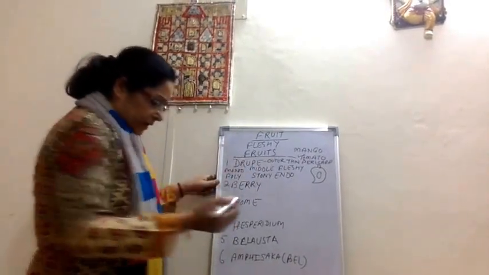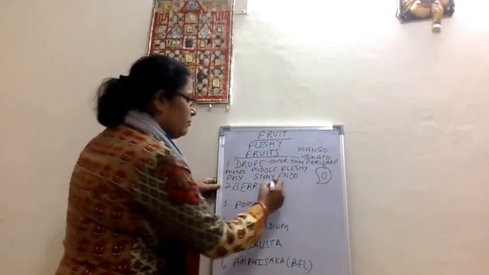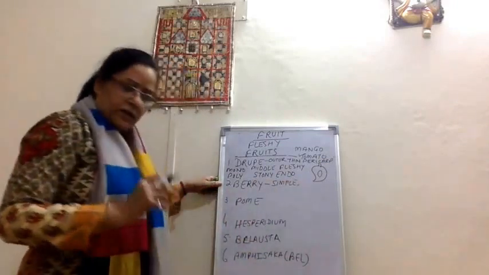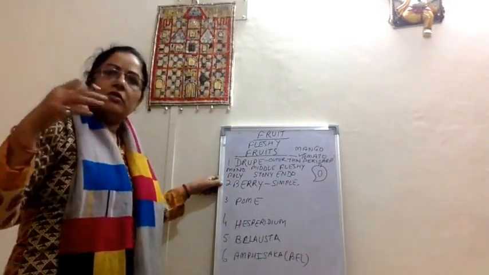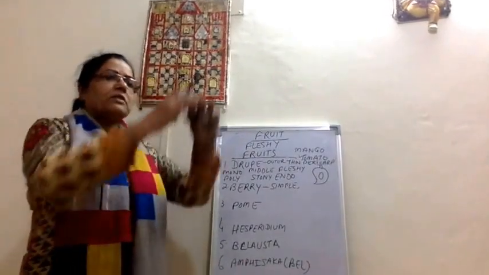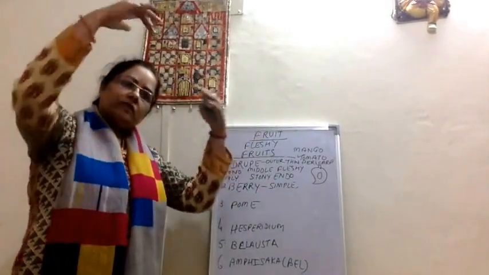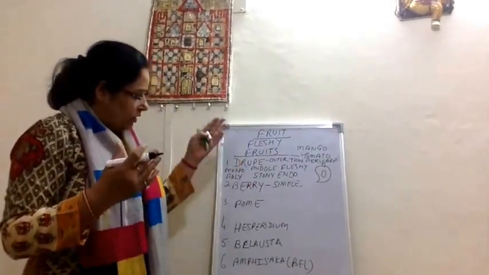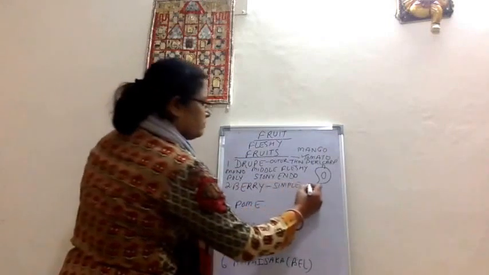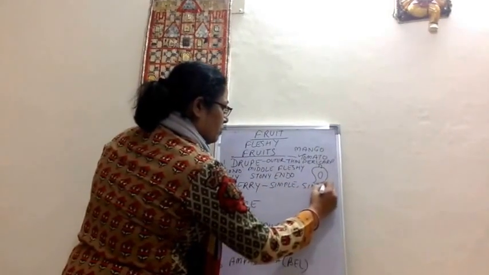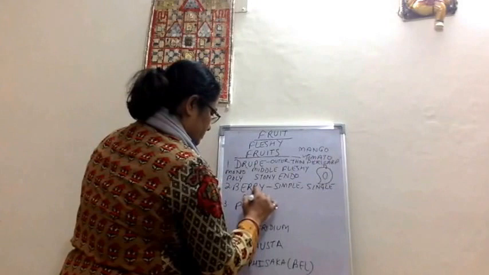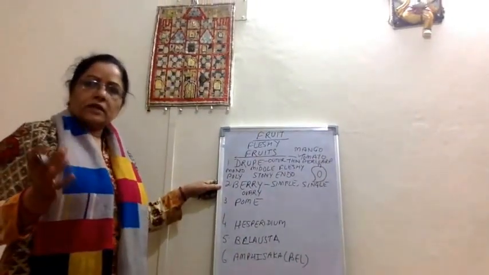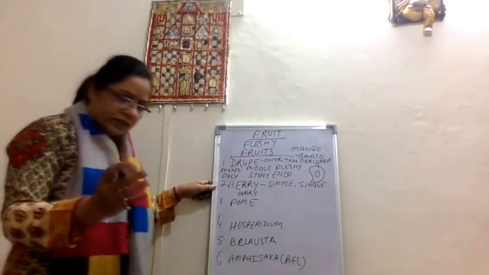The other is berry. Berries develop from a very simple ovary. They also develop from superior or inferior ovary. Superior means outside the thalamus and inferior sometimes inside the thalamus. So they develop from a superior or inferior single ovary, syncarpous. Syncarpous means sometimes fused ovaries.